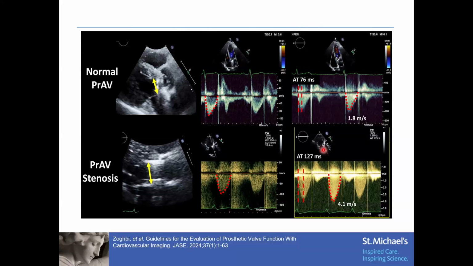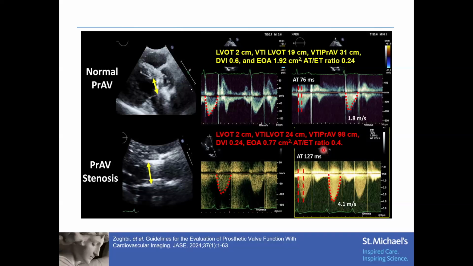Okay, so just putting it all together in a very quick example here. On the top, you have a normal aortic valve where the acceleration time is 76 milliseconds and the Vmax is 1.8 meters per second. On the bottom one, you have an acceleration time over 100 milliseconds and an elevated Vmax of 4.1 meters per second.